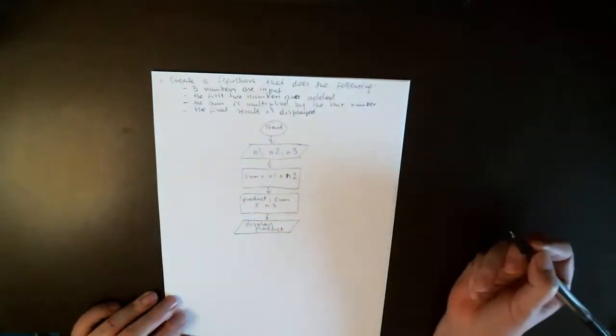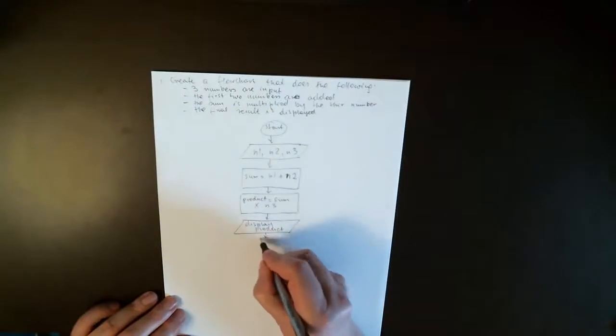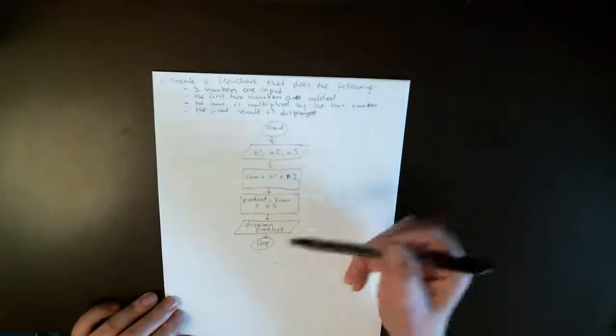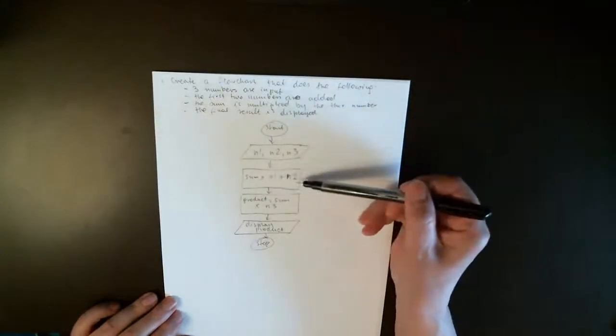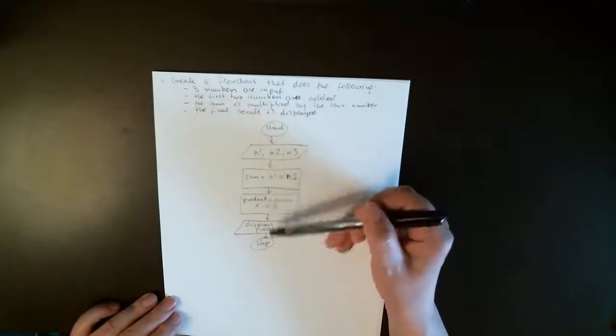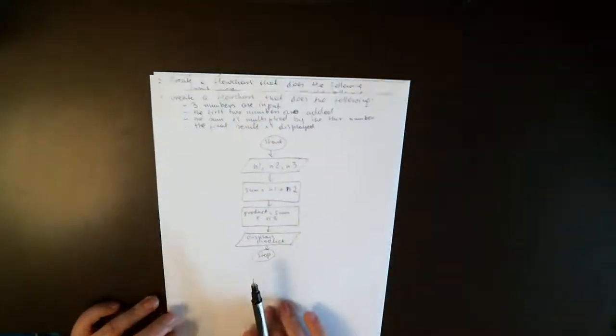And that's it. That's all. Now we're going to say stop. Yay! So another sequential one. Input the numbers, do something to them, do some more to them, then display the final part, which we calculated, and then stop. Our first flowchart for today.